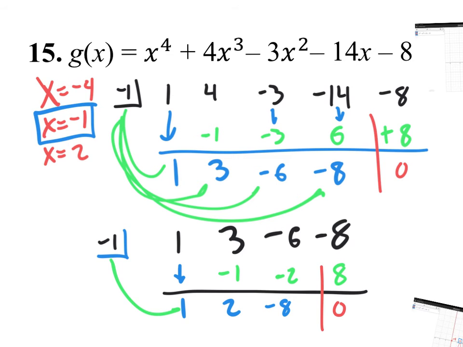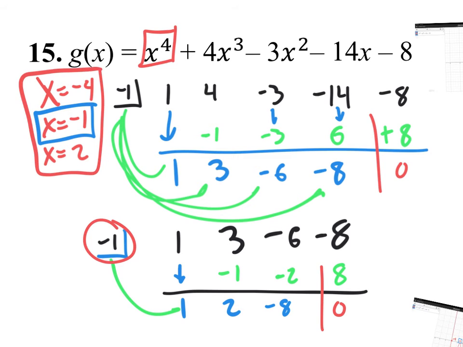And like I said, -1 works a second time. So we have a 4th degree function, and when we graphed it, we only saw these 3 answers. And we now know that x equals -1 has a duplicity of 2.